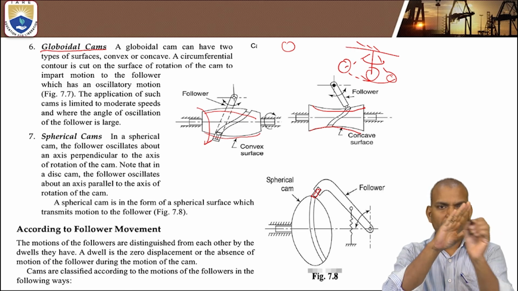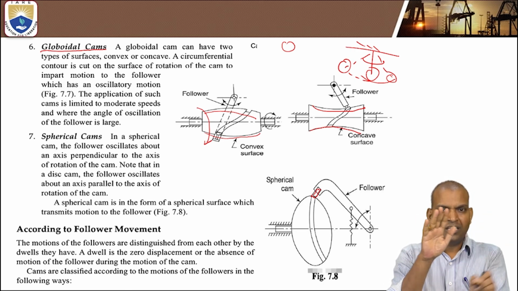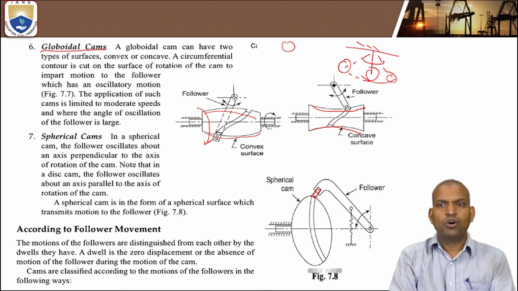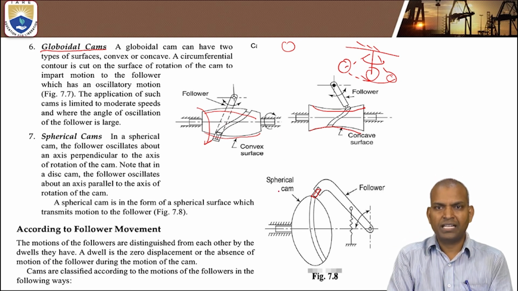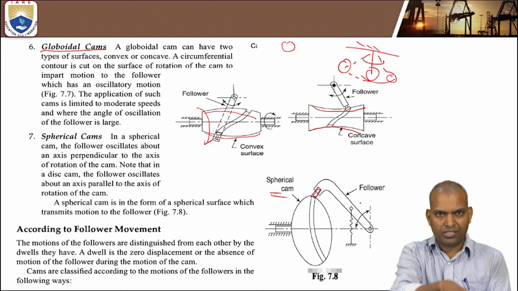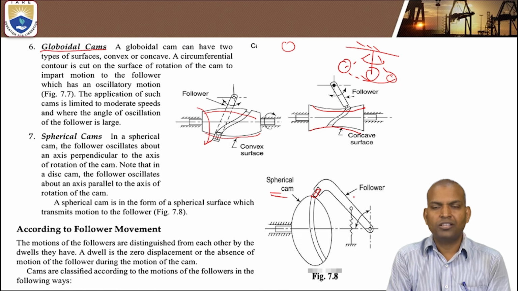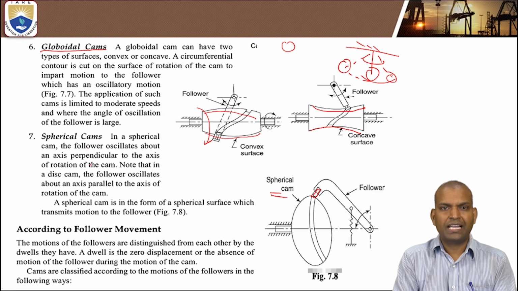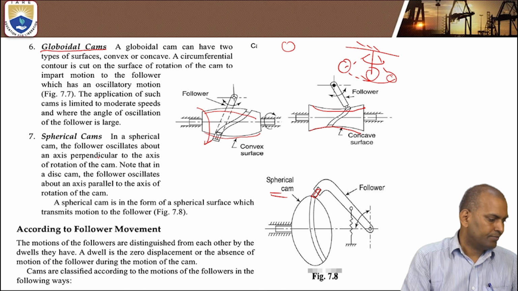If you want to transfer the circular motion of the sphere, what will happen? It is up and down motion, radially it goes. So the driver member is the spherical cam, and the driven follower oscillates. So very important. These 7 types come under the category of cams based on the geometry.